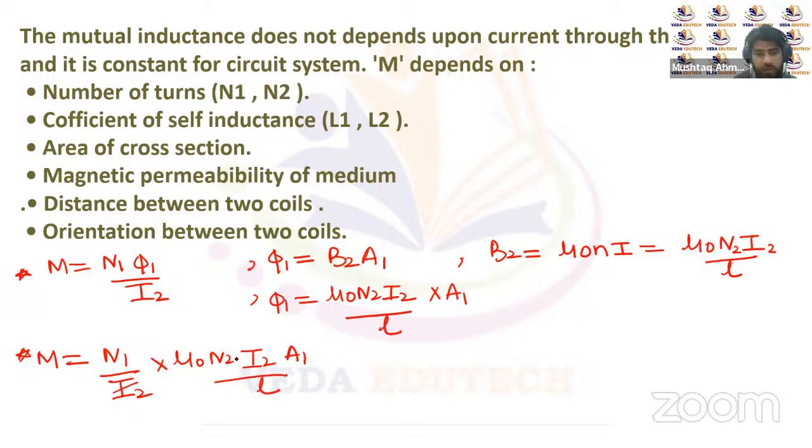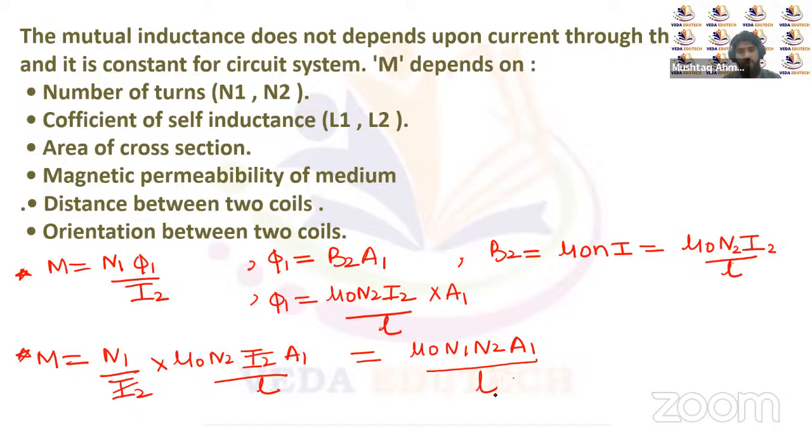From here, I2 and I2 will get cancelled. So the coefficient of mutual inductance is independent of the current through the circuit. We are left with mu naught times N1 N2 multiplied by A1 upon L. So this is the coefficient of mutual inductance.